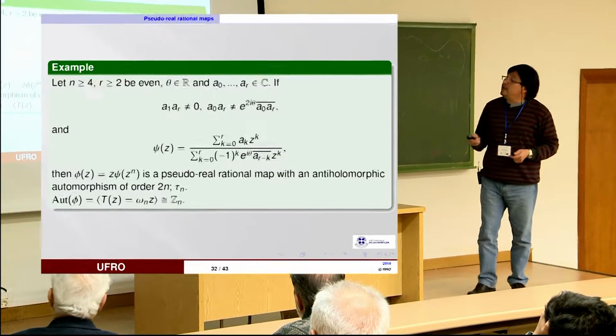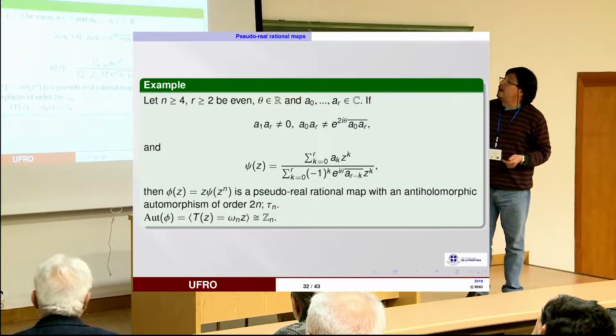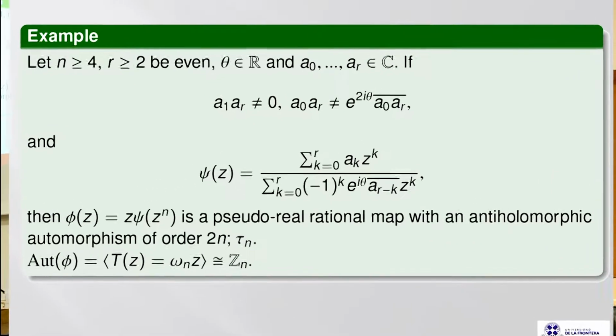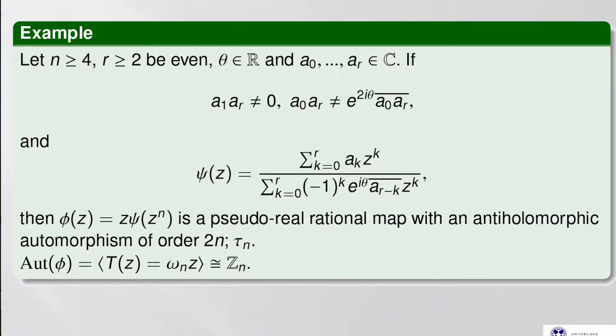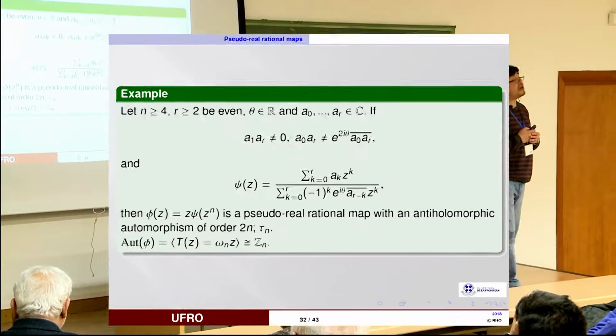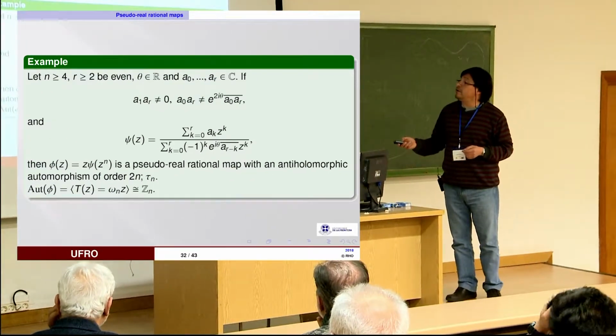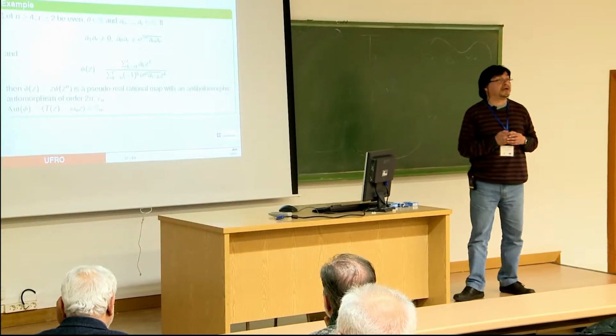For example, if you just plug in here any complex number, choose any rotation, and use the relation from before, then you use this rational map with these constraints, and the rational map will have anti-holomorphic automorphisms of order 2n, and it will be pseudo-real.